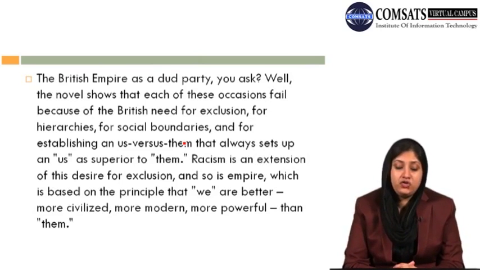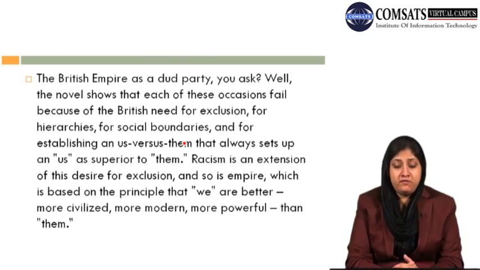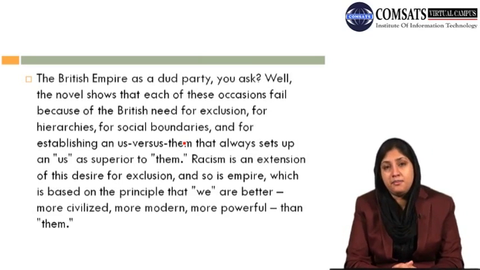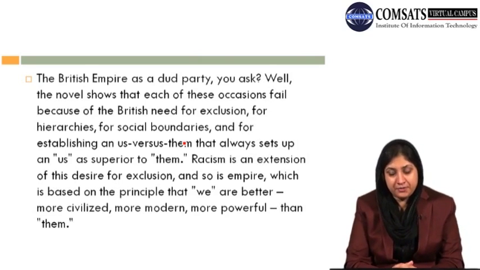Racism is an extension of this desire for exclusion, and so it is an empire which is based on the principle that we are better, more civilized, more modern, more powerful than them. And who is we and who is them should be quite clear by now.